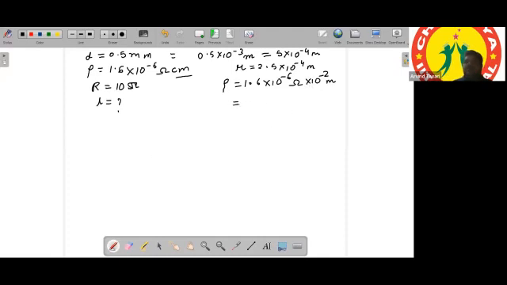So you get 1.6 into 10 to the power minus 8 ohm meter. Now everything is in the SI system: radius, resistivity and resistance. Now find the value of length. Solve it and get the value of length.